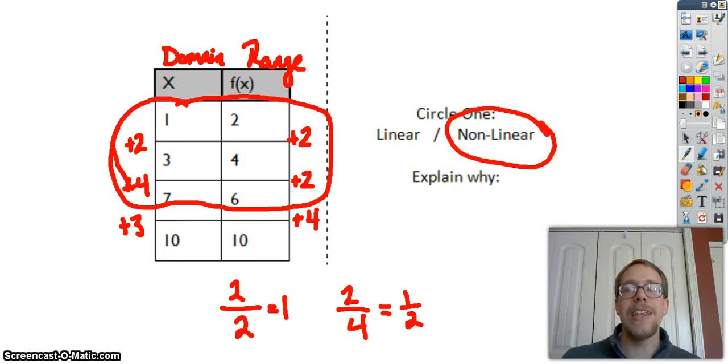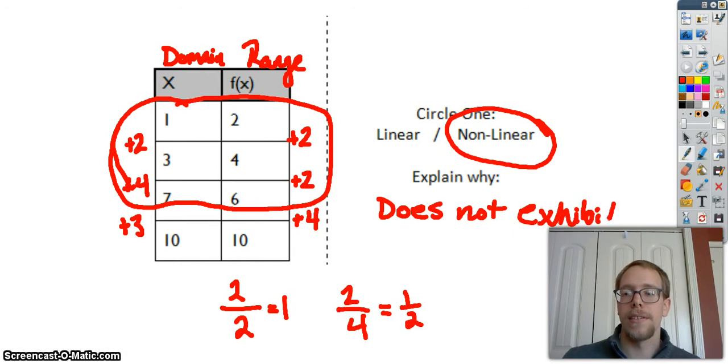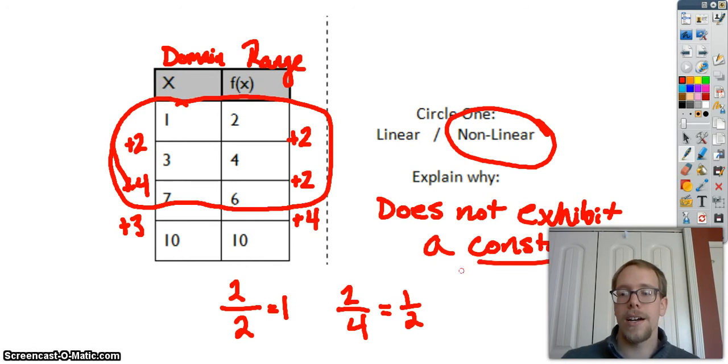This is a nonlinear function. Why? Because it does not exhibit a constant. And that's the key there, constant slope or constant rate of change.